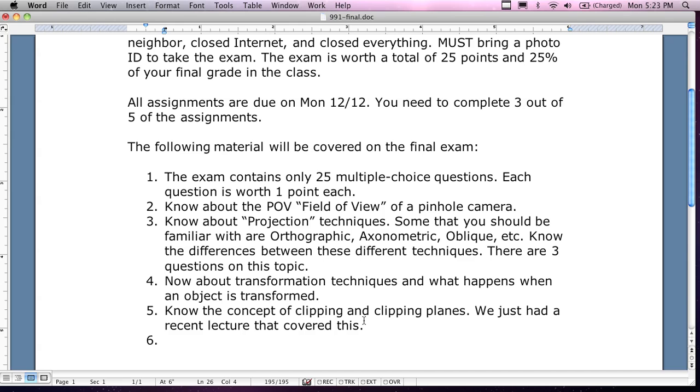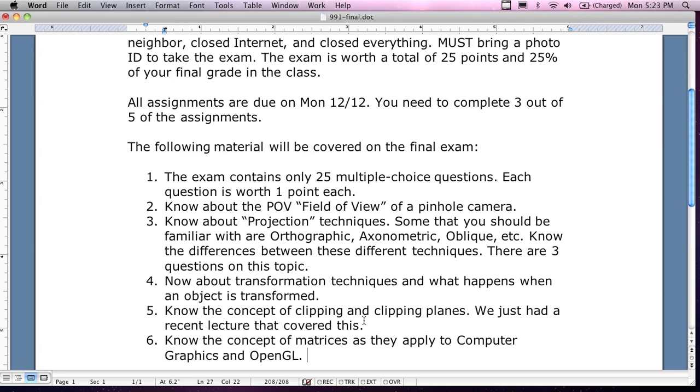And the concept of matrices. So know the concept of matrices as they apply to computer graphics and OpenGL.